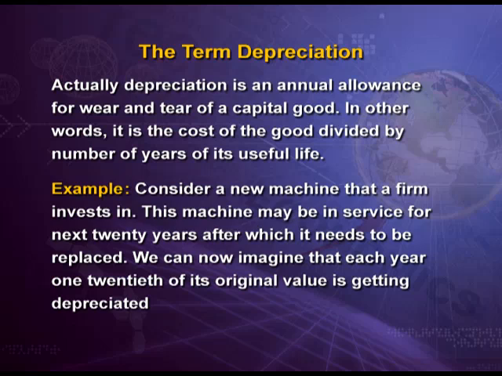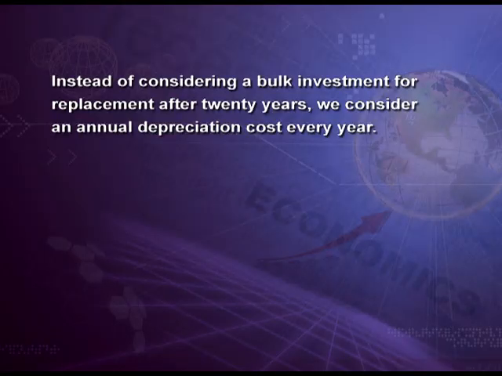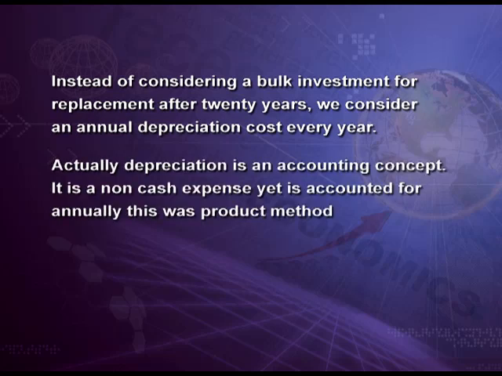We can now imagine that each year 1/20th of its original value is getting depreciated. So, instead of considering a bulk investment for replacement after 20 years, we consider an annual depreciation cost every year. Actually, depreciation is an accounting concept. It is a non-cash expense yet is accounted for annually.